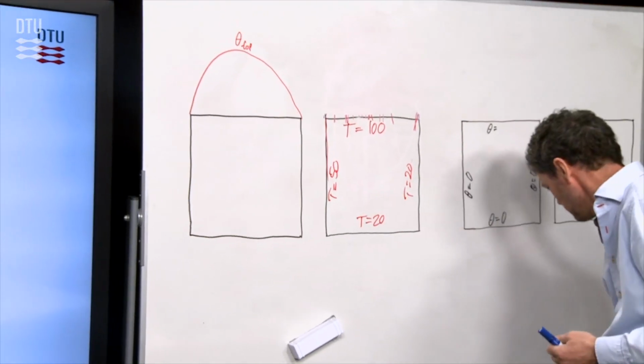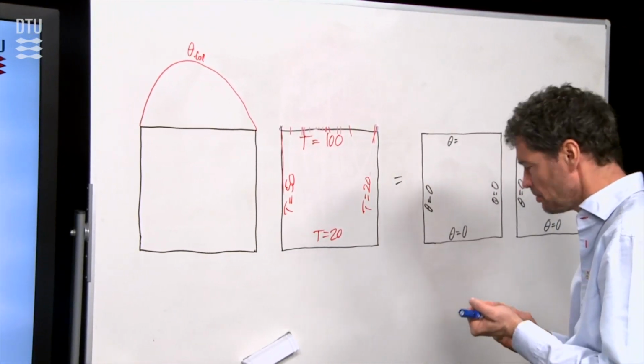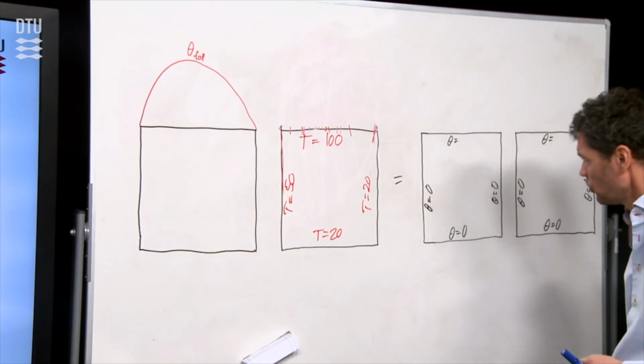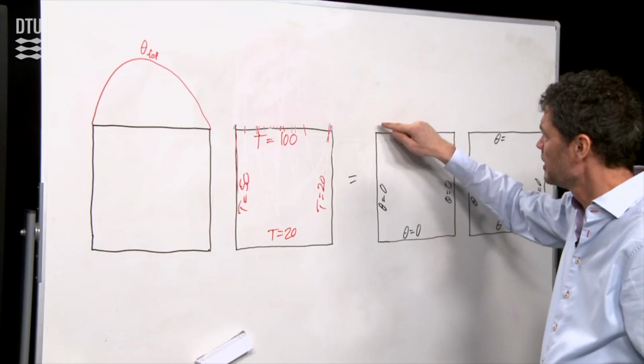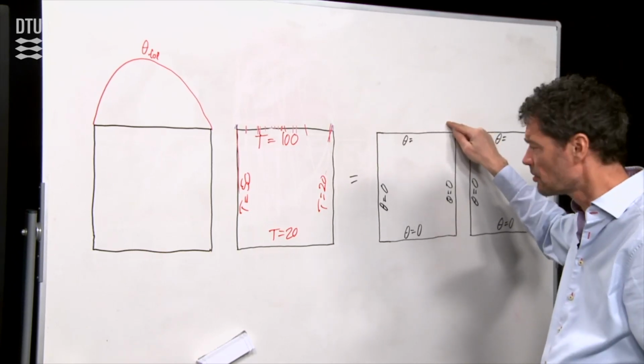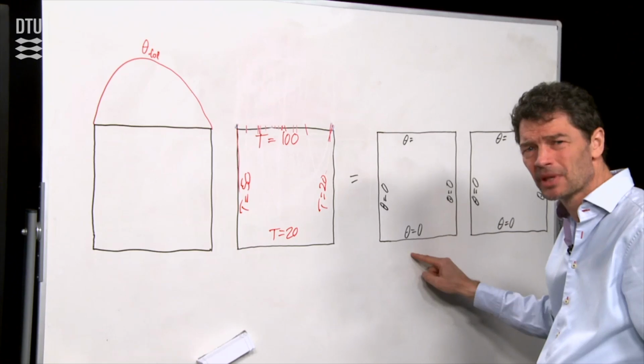That can be equated with, in terms of theta temperatures, what I have over here. But I only have solutions in the case where the top temperature is different from 0. I have 0 on the left, right, and bottom borders.